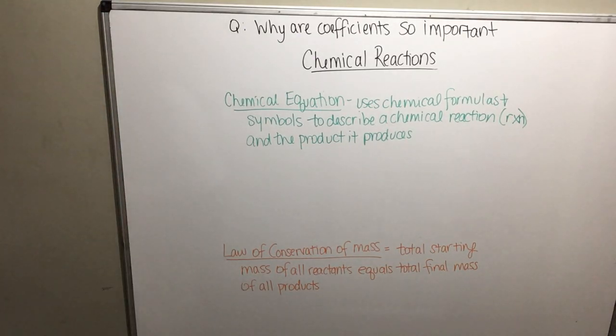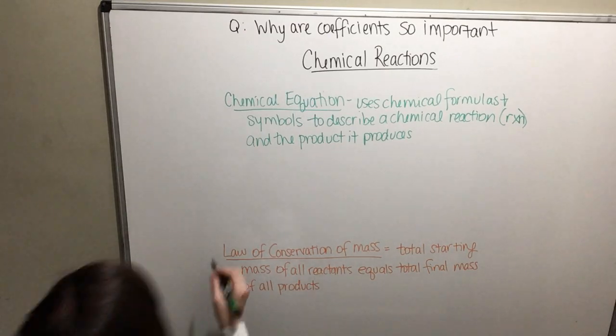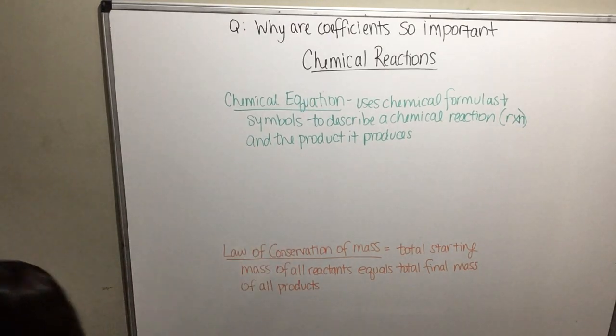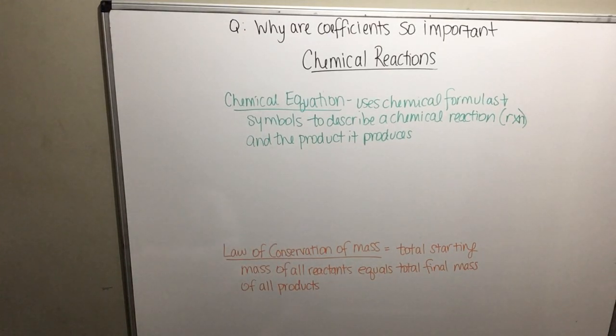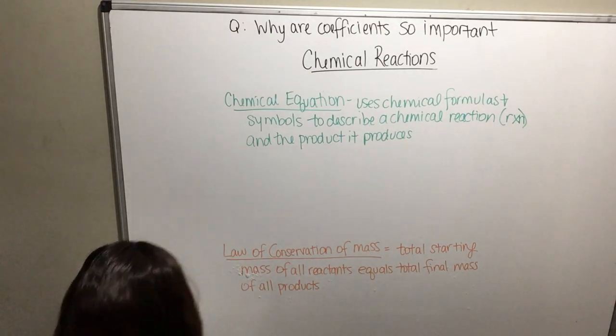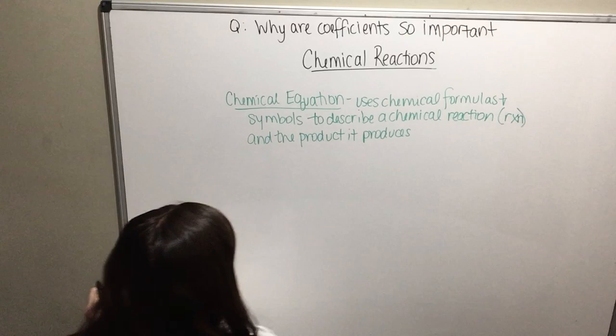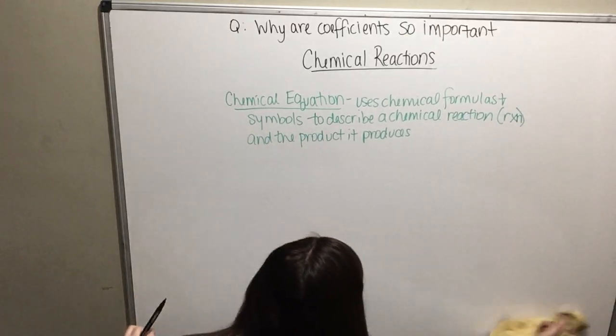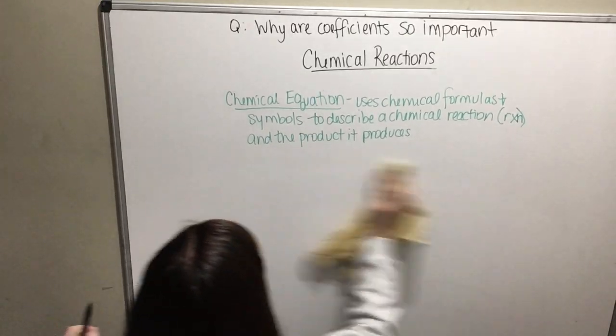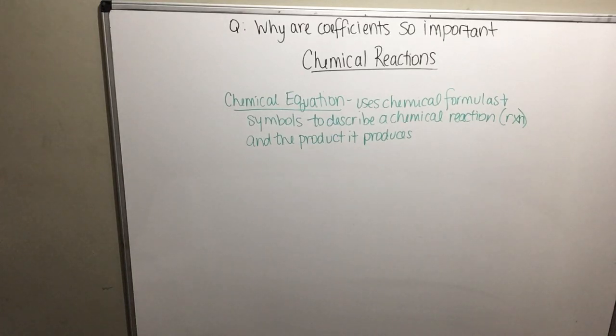Okay, so let's draw a chart. We are going to draw a chart of symbols and meanings. So you're going to need to go all the way across the page.